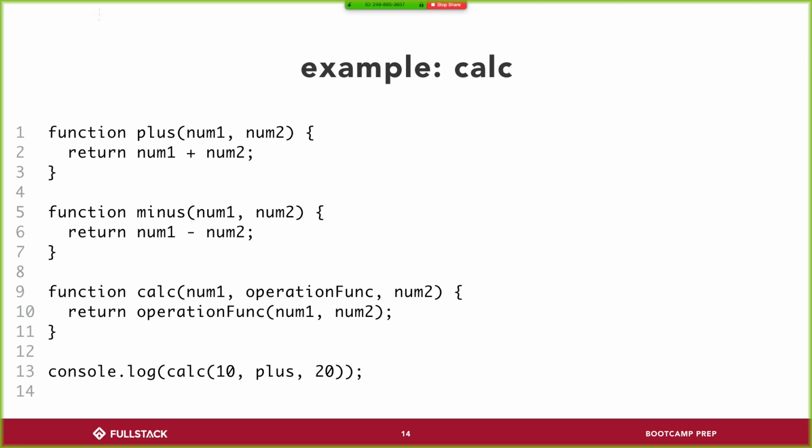So it doesn't have to be plus. The calc function can do both plus and minus, and we could add another one for division and for multiplication. And because it's a parameter and we can just pass in different functions, it becomes much more flexible.